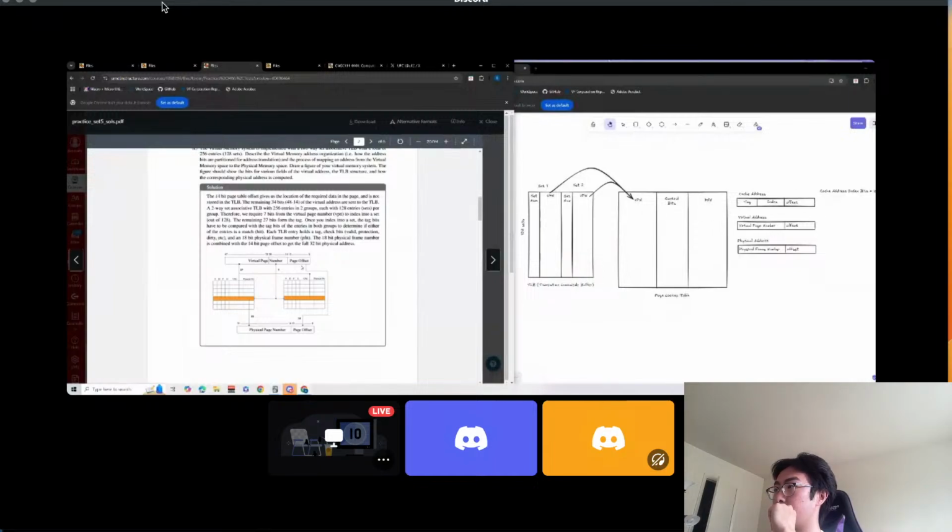So the offset is the same, but the index will bring us to this side. Right, and then our tag, this could also bring us to this side if we want.